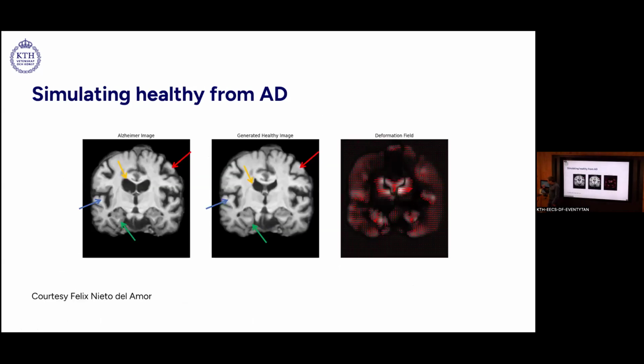Then another project that I just started is, okay, let's assume that we have an AD person. Is it possible to simulate a healthy one from that? We can have different methods for that. This is an image we got on Monday from Felix.